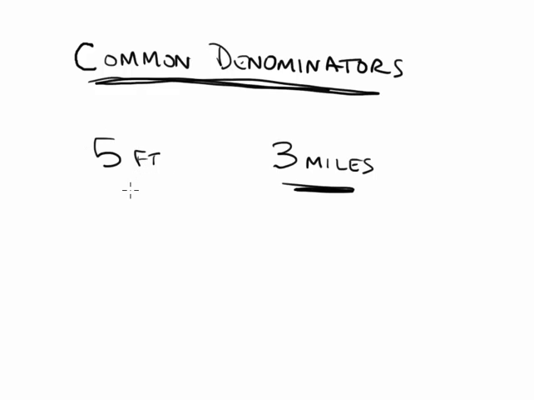And this kind of thinking is the same reason why, if I have 5 over, let's say, 10 and 3 over 2, on the one hand we may be tempted to say, well, I know that 5 is bigger than 3, so 5 over 10 should be bigger than 3 over 2. But on the other hand, this 5 is talking about this unit in the same way that here we were talking about feet as a unit.